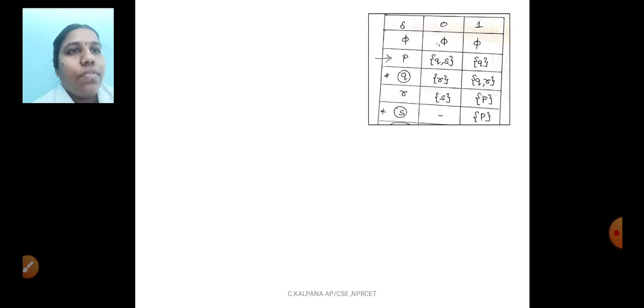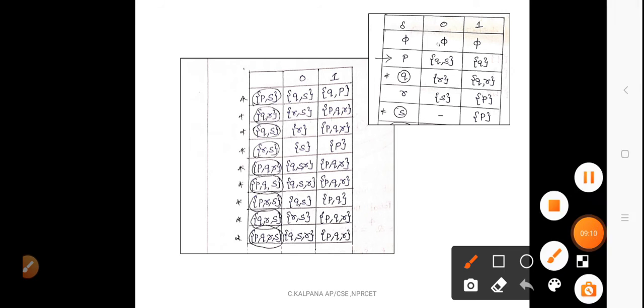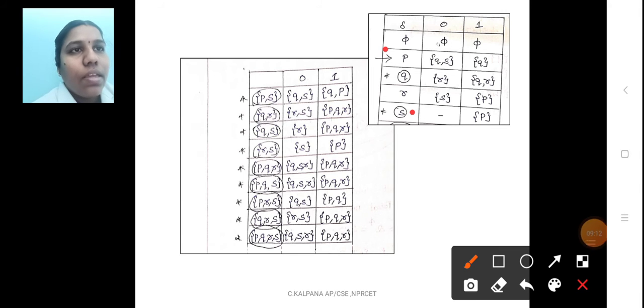For our reference, I draw this table in the right hand side corner. Now combine the states for the remaining states. PS: input 0 is Q, S alone. Here no input, so I mark only Q, S. For 1, Q and P. Then for the state QR, Q here and R here, RS, QRP.